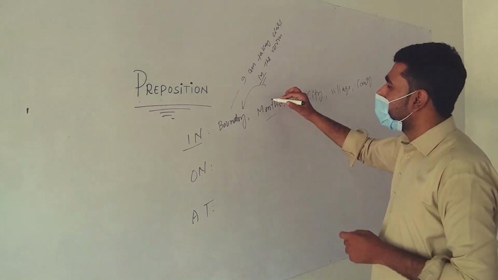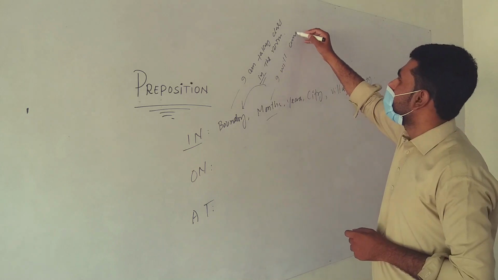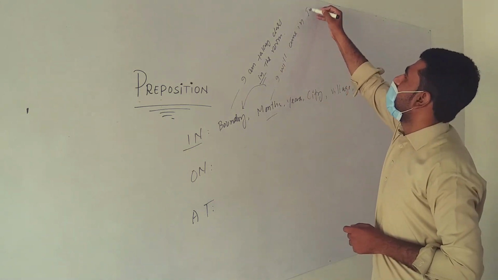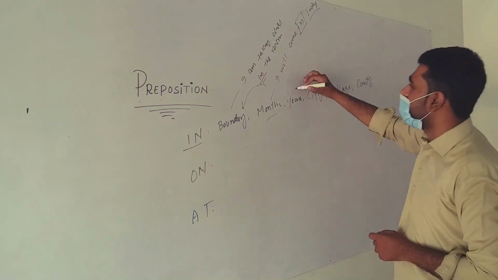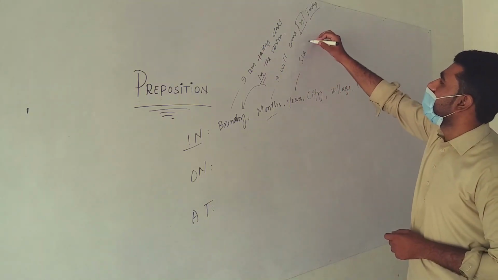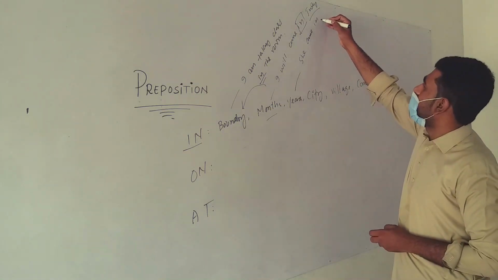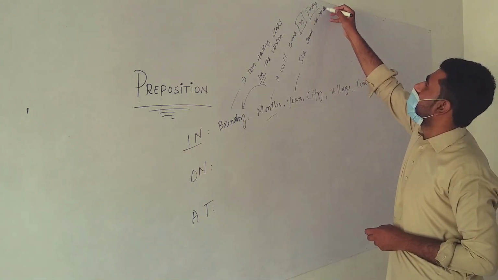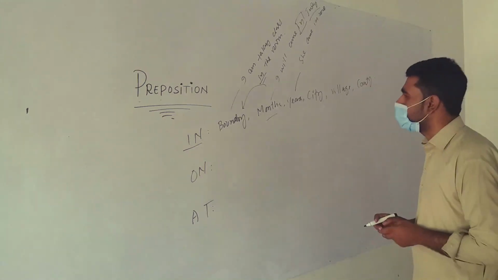Then before the names of months we also use it, for example, I will come in July. So here I use in before months and year. She came in 2002, or she had come in 2002.